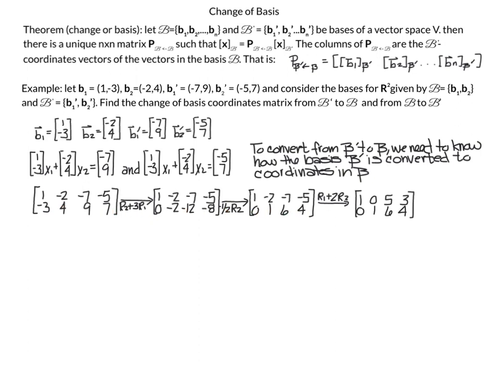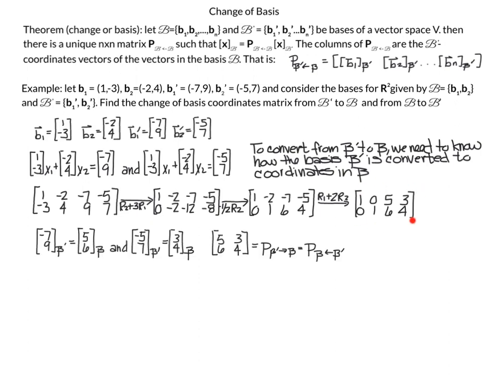I row reduced again to reduced row echelon form, and I get the matrix 1, 0, 5, 3, 0, 1, 6, 4. So what this means is if I want to write this negative 7, 9 as a linear combination of my vectors b1, b2, I would have the coordinates 5 for x1 and 6 for x2.